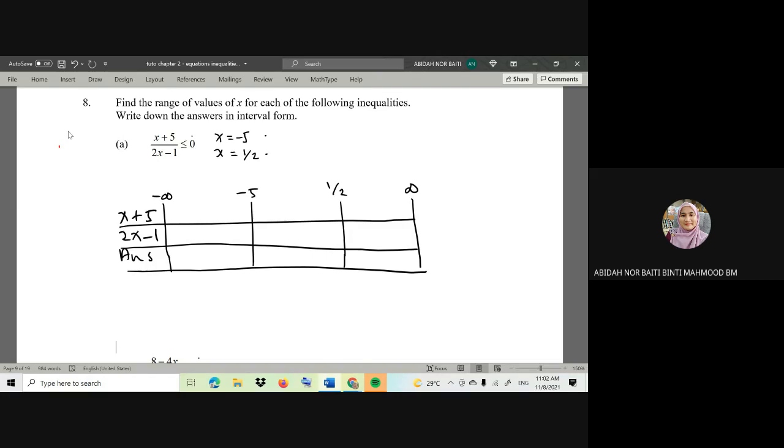Okay, for the first function, x plus 5, your x value is -5. To the right of this point, we follow sign of x. If your x here is positive, therefore to the right of this point is positive. To the left of this point is negative.